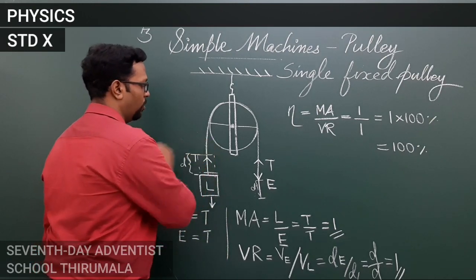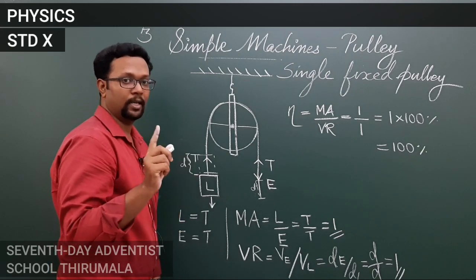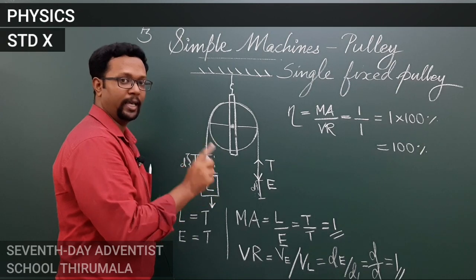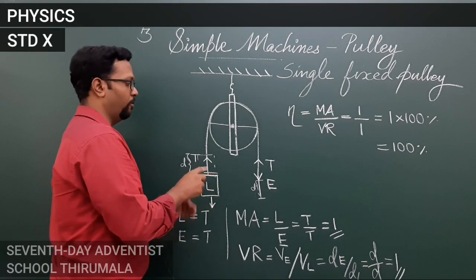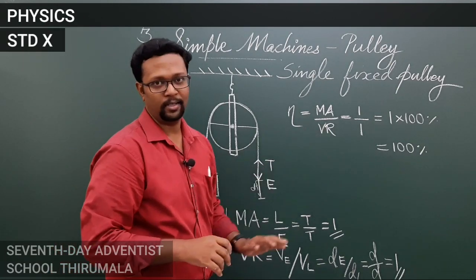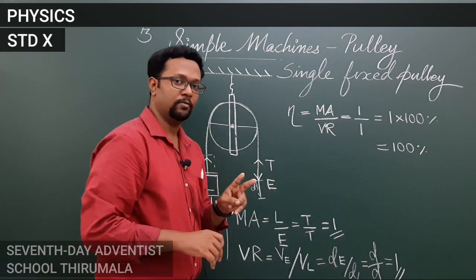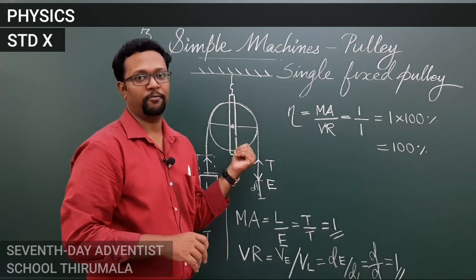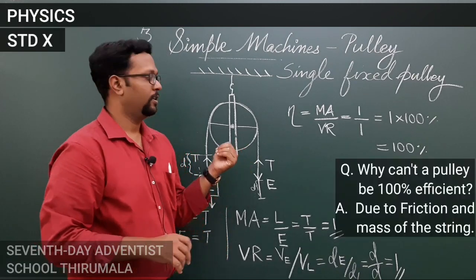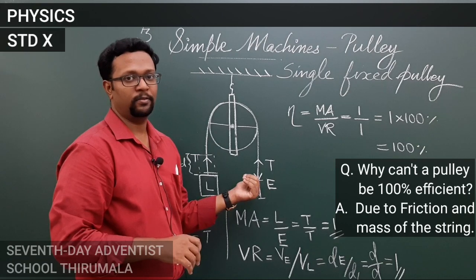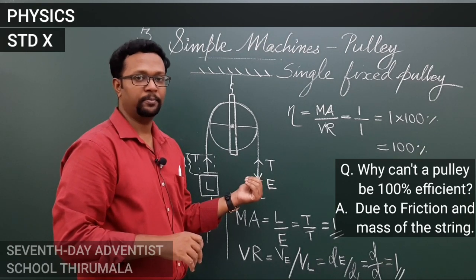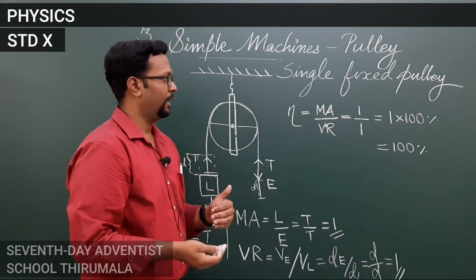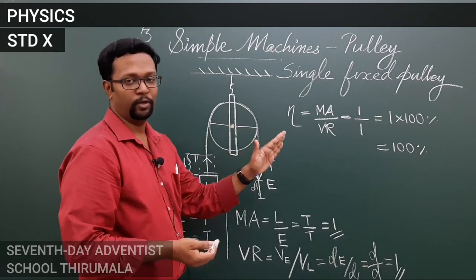So the string or rope should be massless, and it should be inelastic for the machine to become 100% efficient. So the two problems which do not allow a pulley to be 100% efficient are friction and mass of the string. Clear? Okay, now we can move to the second topic, and that is single movable pulley.